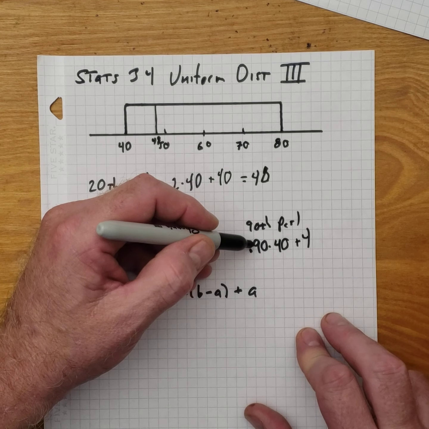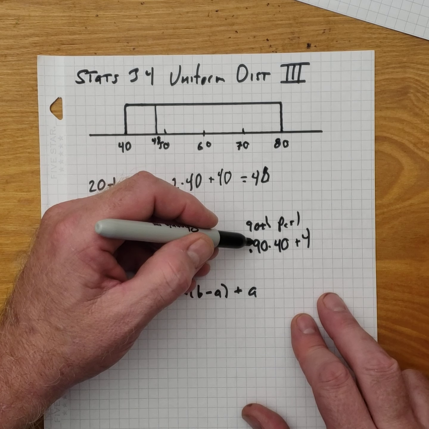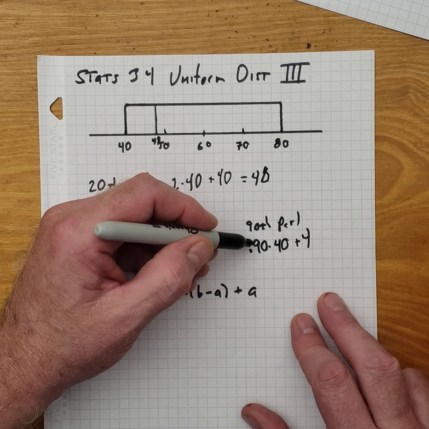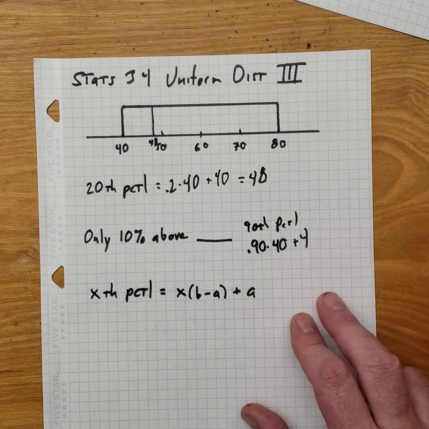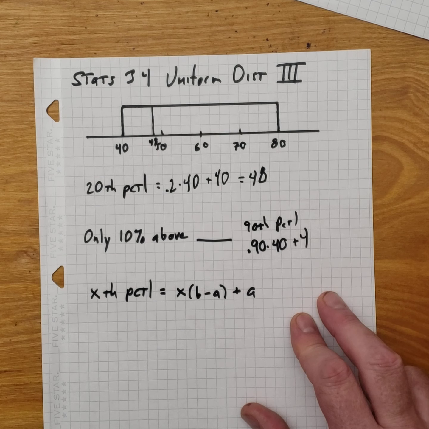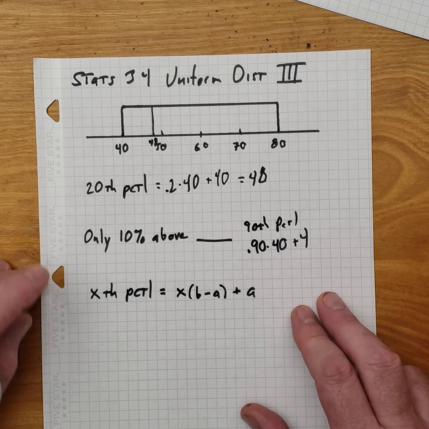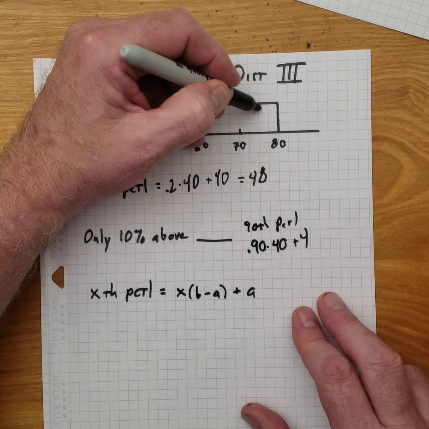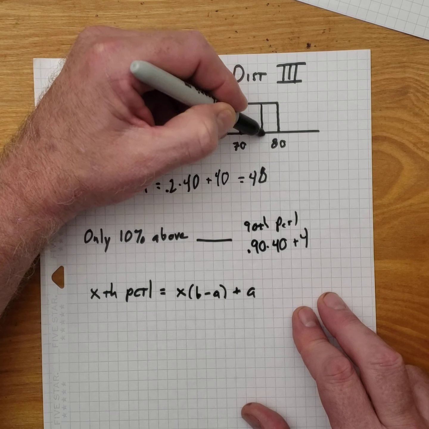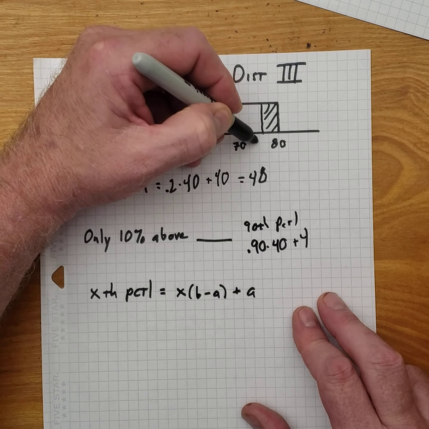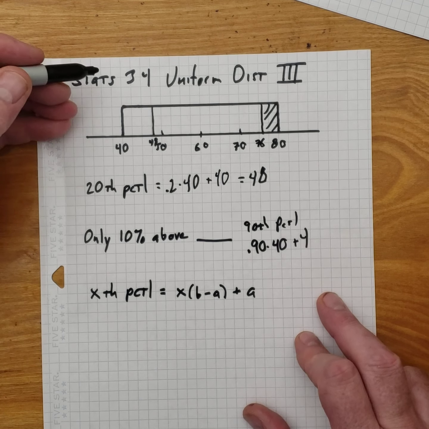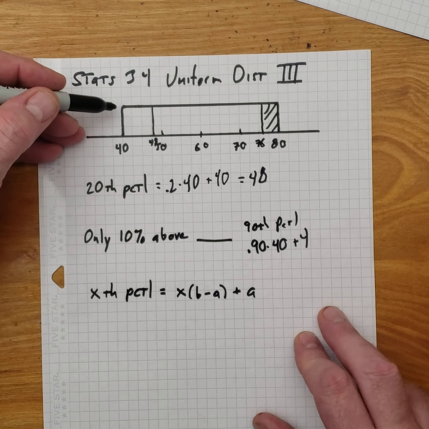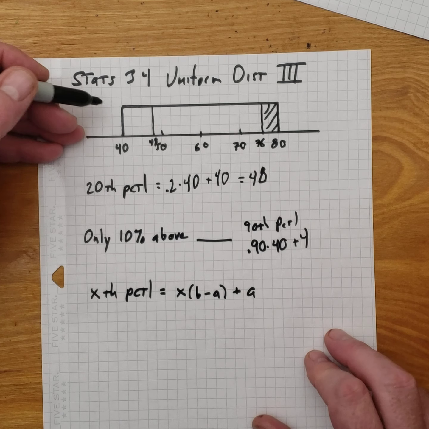Now, 0.9 times 40 is 36 exactly. And then we're going to add that to 40, and that's going to give us 76. So the top 10% is going to be right about there, between 76 and 80. And that seems about right. That seems like about 1/10 of that rectangle.